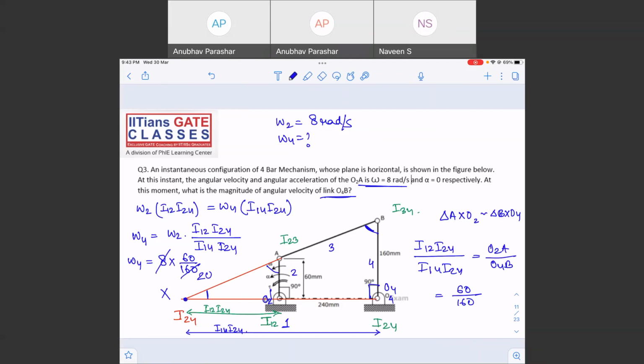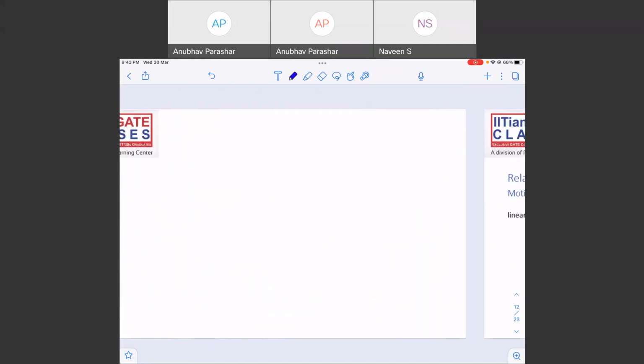This is 3. So the value of omega 4 is 3 radian per second. Right? So is it clear? It is a little lengthy. This question is good with respect to GATE, not with respect to HL. But if you can understand this, then I don't think you should have any problem in other questions also.